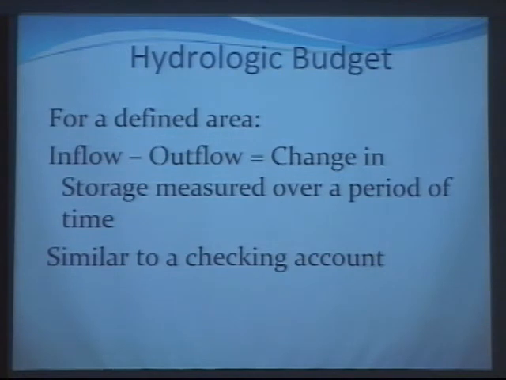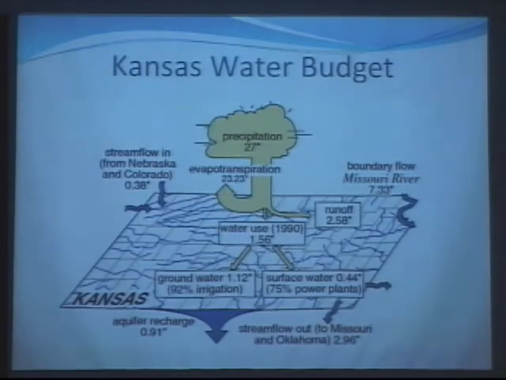The period of time can be a year, or could be a longer period of time. Like I said, it's similar to a checking account: you make deposits, you take withdrawals. You can take more withdrawals in some months, but then your storage of cash in your account will go down.